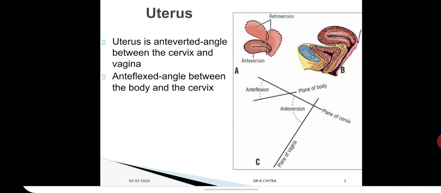So this anteversion corresponds with the axis of the pelvic inlet. In this anteversion, the uterus corresponds with the axis of the pelvic inlet, vagina corresponds with the axis of the pelvic outlet. So when the two axes meet, the forward angle of the anteversion is formed.